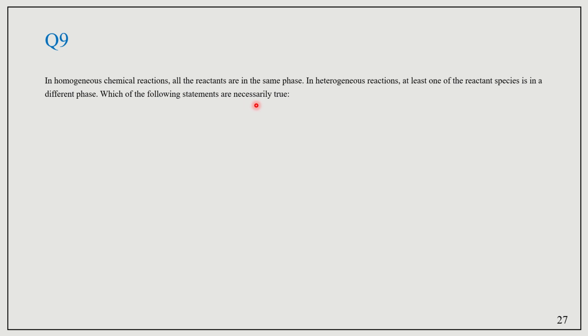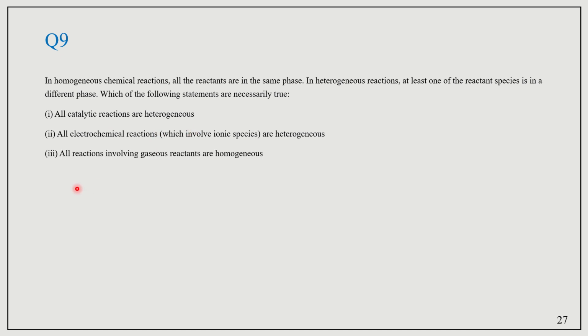Which of the following statements are necessarily true? Statement 1, all catalytic reactions are heterogeneous. Second one, all electrochemical reactions are heterogeneous. Third one, all reactions involving gaseous reactants are homogeneous.